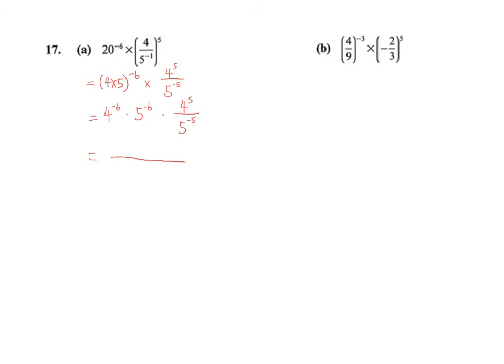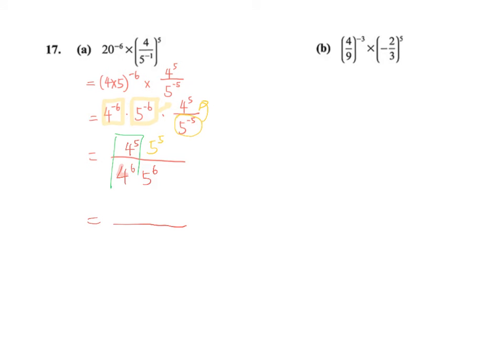And then what's next? We try to rearrange the terms. For the terms that have a negative index, we put them to the other side of the fraction. So I have 4 to the power 6 and 5 to the power 6 in the denominator, and 4 to the power 5 remains in the numerator, but 5 to the power negative 5 goes up to the numerator, so it becomes 5 to the power 5. Afterwards, you simplify the same terms.